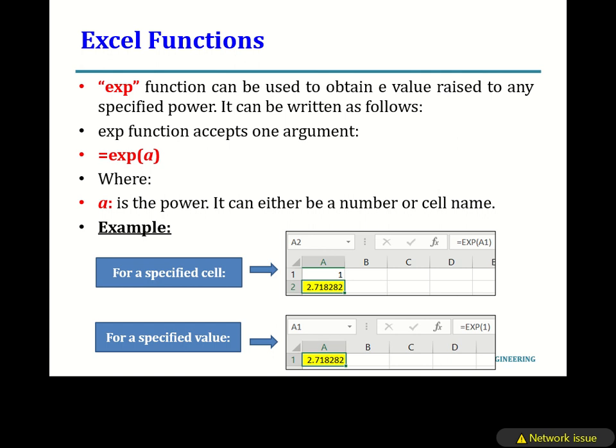Everybody knows exponential, right? So if you type the function EXP and then in the bracket you put a number, either you type the number or select the cell, it will take e to the power of that number. So if a is 2, it will give you e to the power 2. If a is minus 3, it will give you e to the power minus 3.